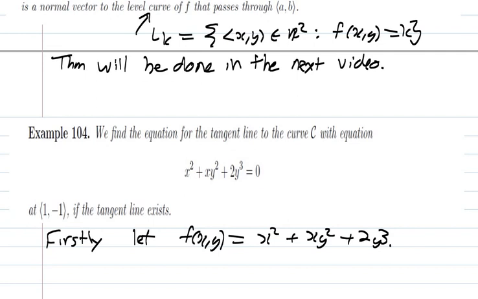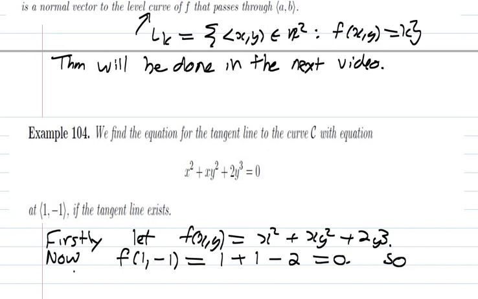All right. Now, some comments. If I replace x with 1 and y with -1, I end up getting 1 plus 1 minus 2, which is equal to 0. So (1, -1) is on the curve f(x, y) equals 0.